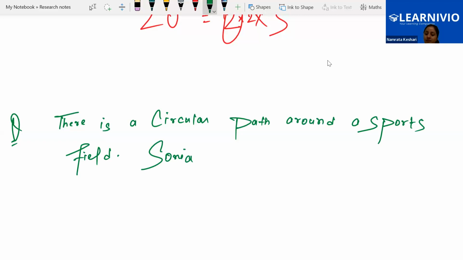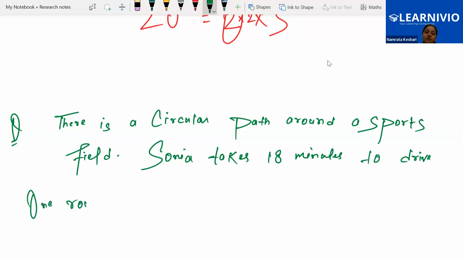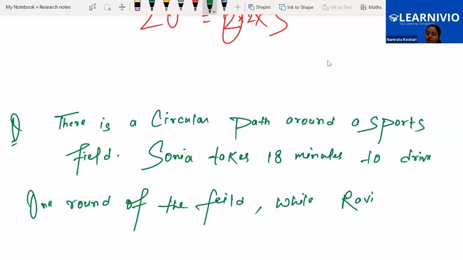Sonia takes 18 minutes to drive one round of the field, while Ravi takes 12 minutes for the same.